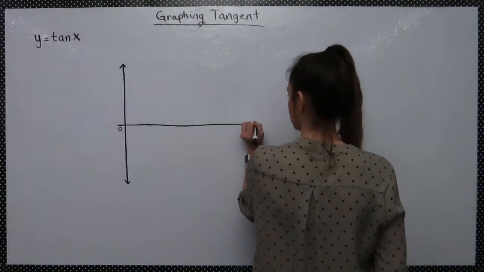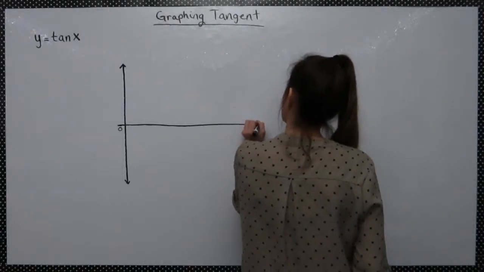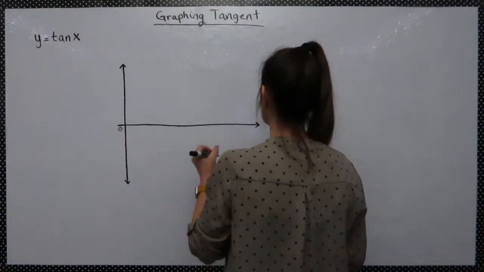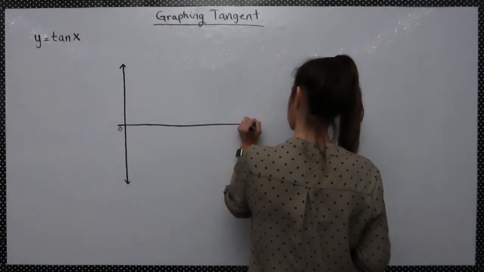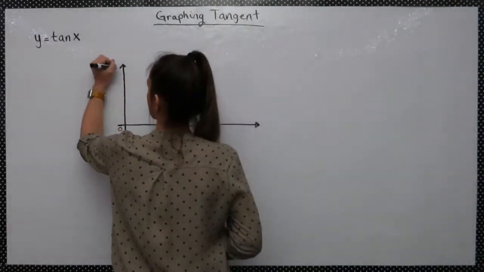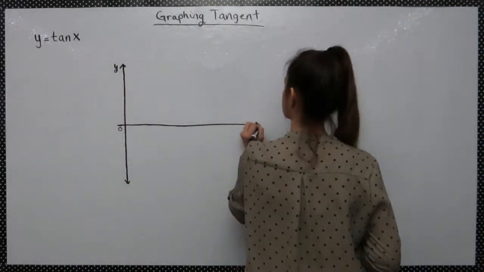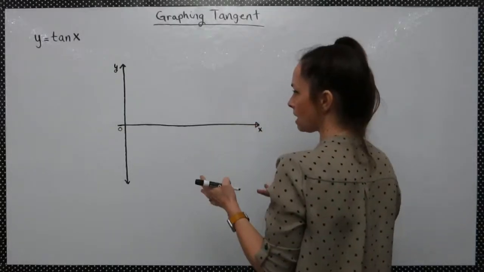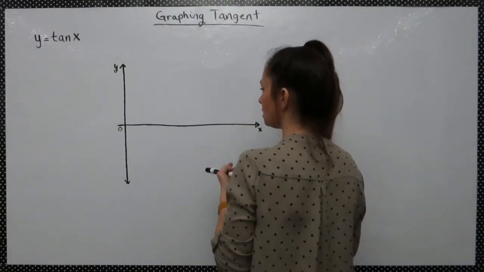It was 0 again. One of the main differences in the tangent function, what separates tangent from sine and cosine, is the fact that it has a different period. The period for tangent goes through pi, so 0 to pi.